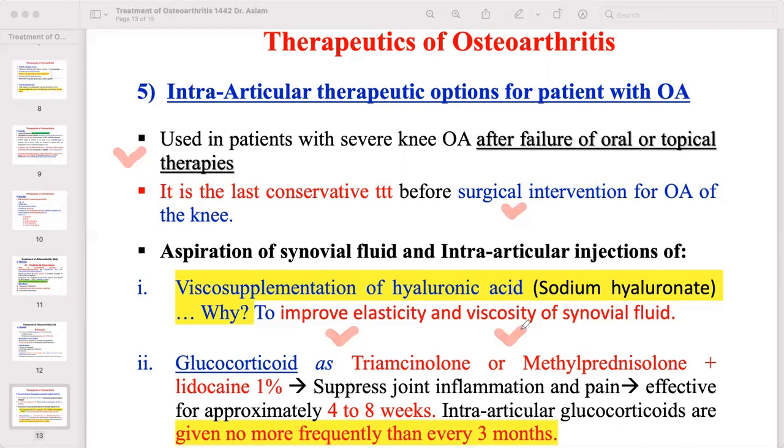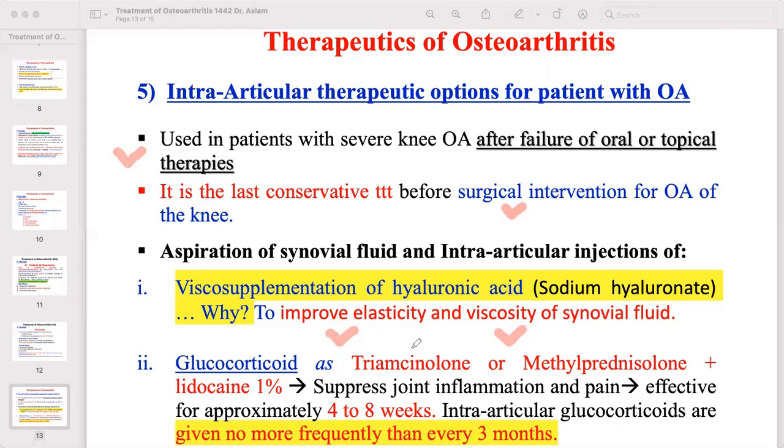So there are precautions before using these intra-articular injections. There should be the aspiration of synovial fluid, and intra-articular injection of hyaluronic acid is recommended as a viscosupplementation to improve the elasticity and viscosity of synovial fluid.